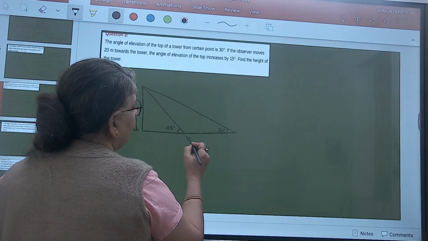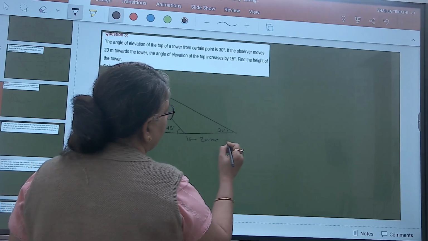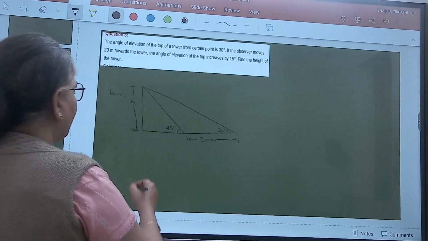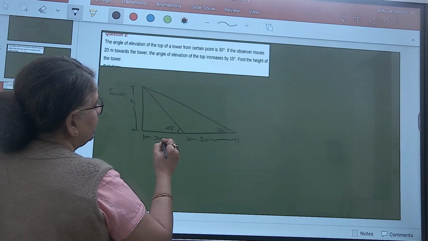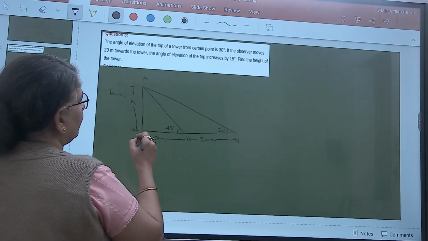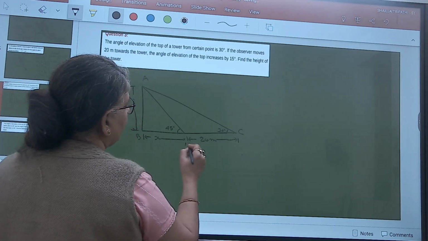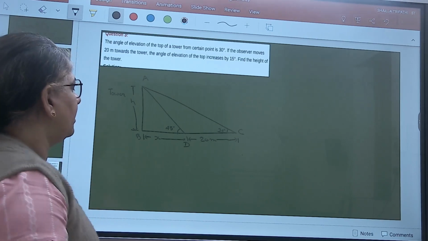So this distance that is covered is 20 meters. And let's suppose this distance be x meters. Now we have to find the height of the tower.